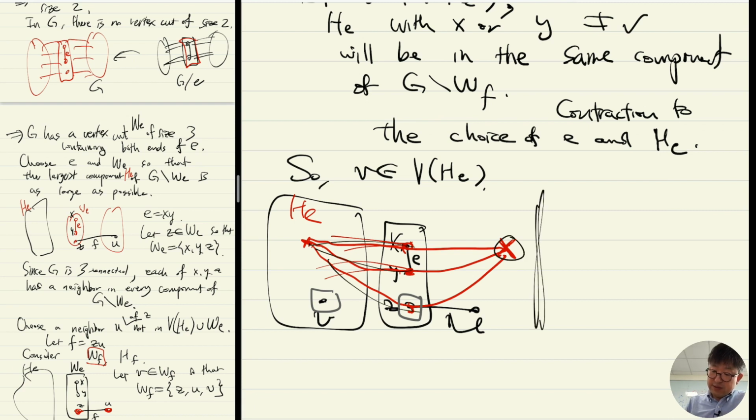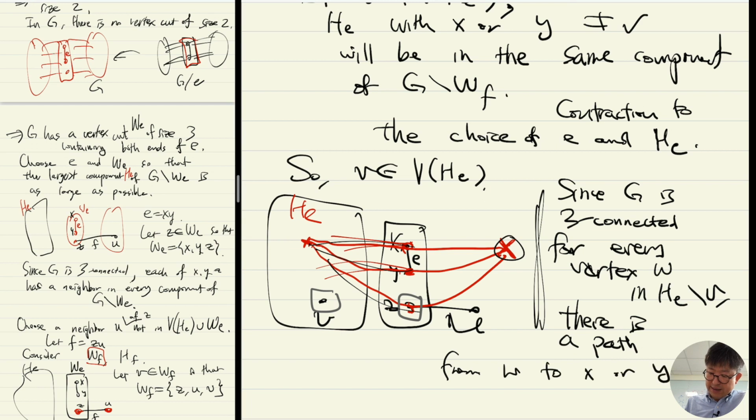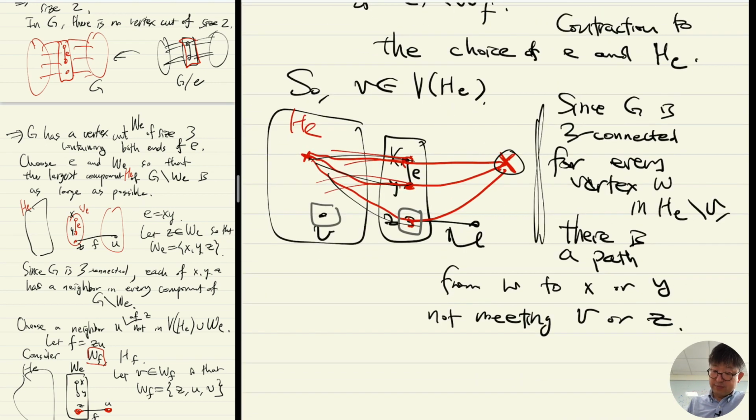Since G is 3 connected, for every vertex W in HE minus V, there is a path from W to X or Y not meeting V or G. That's enough.